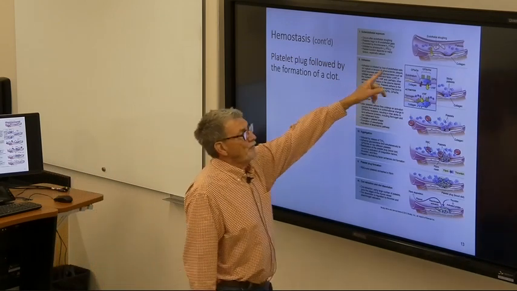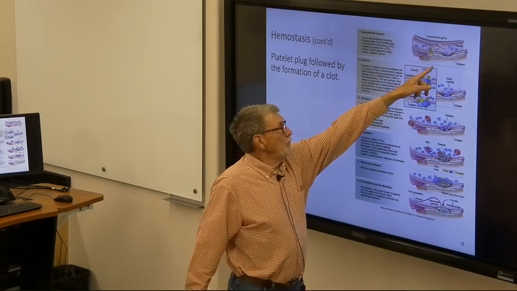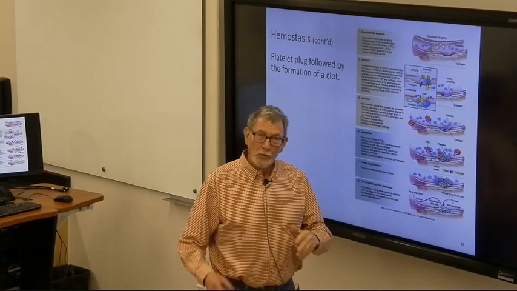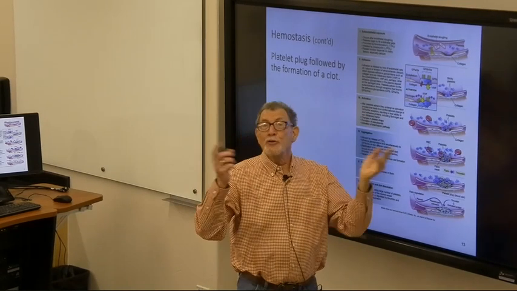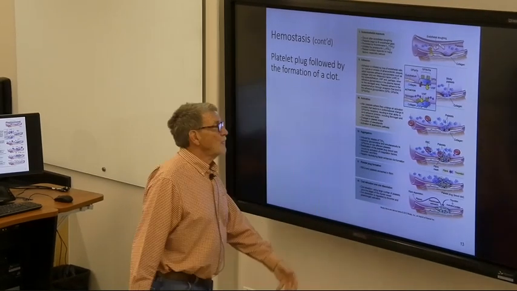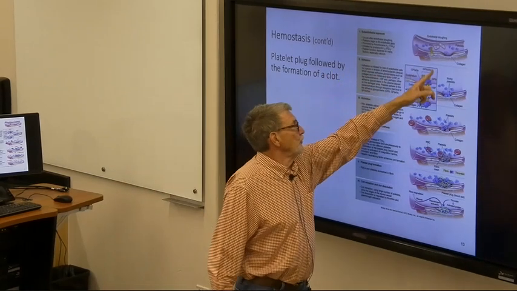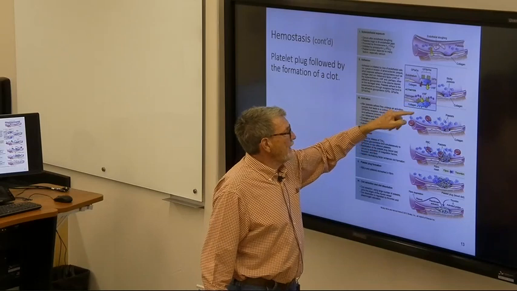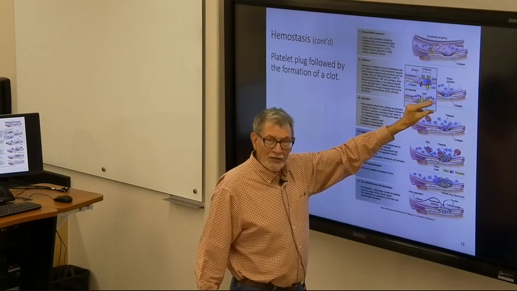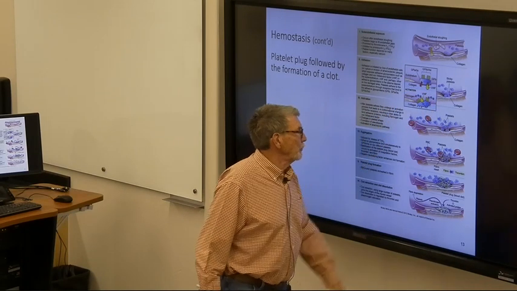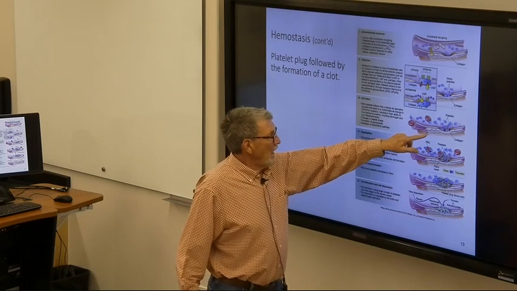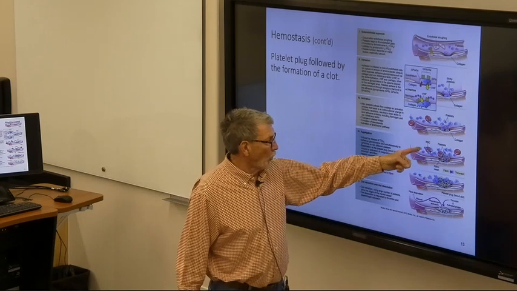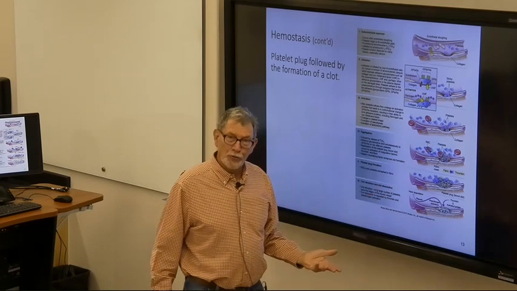So here we have, you get damage, and your endothelial layer releases tissue factor, tissue activating factors, and they cause the platelets to get all spiky and stick to each other and form the platelet plug. As this happens, you start sending out cytokines that ask for the clotting factors to arrive.